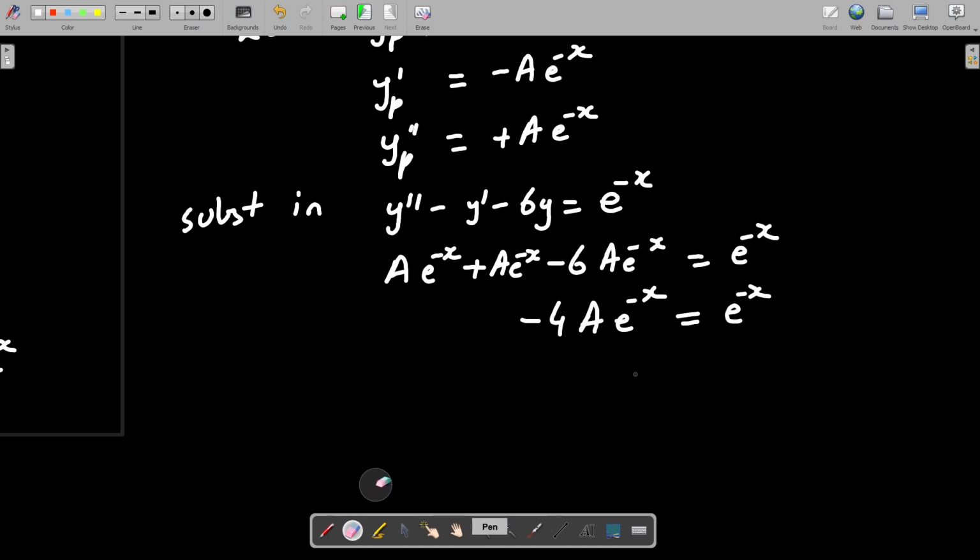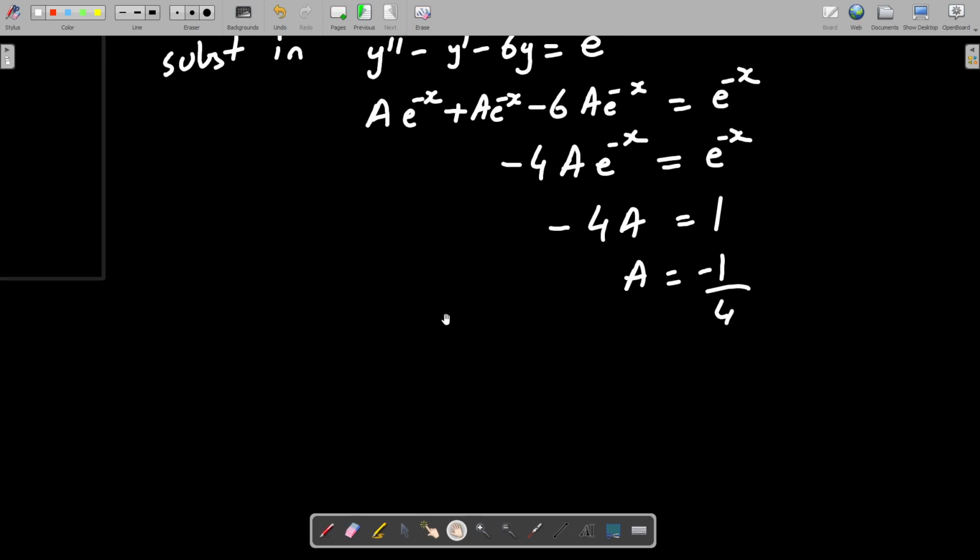So a is equal to minus 1 by 4. So yp over here will become minus 1 by 4 e raised to minus x.